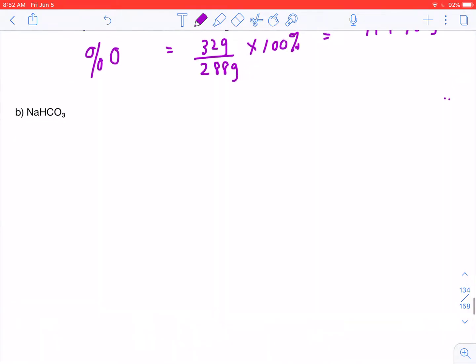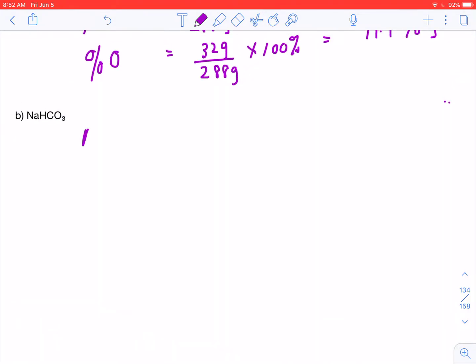If we look at now ammonium hydrogen carbonate, we say alright, we need to know the mass percentage in this one. So we say alright, M of NaHCO3, which is equal to, and if you look at the periodic table, you will see that sodium is 23 grams.